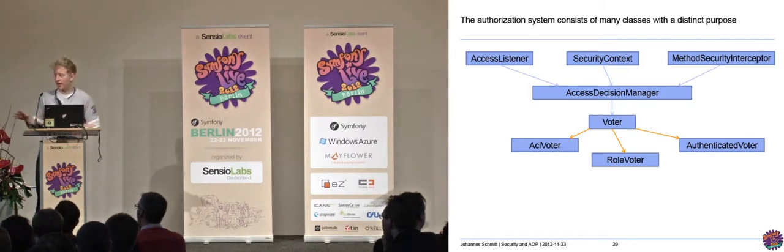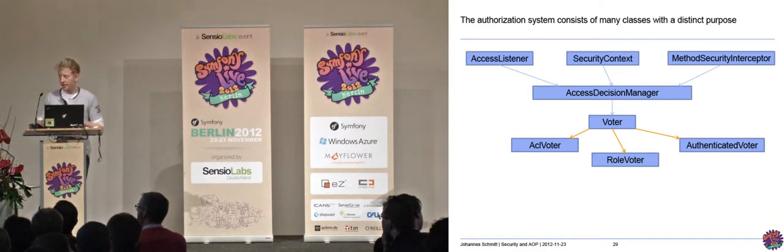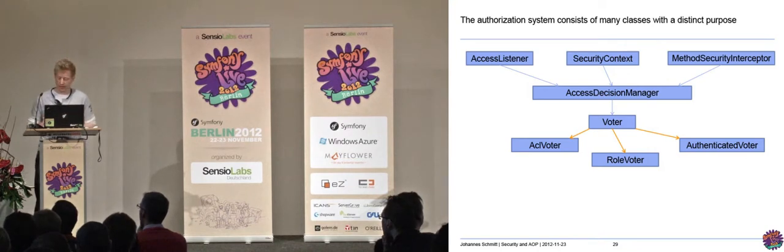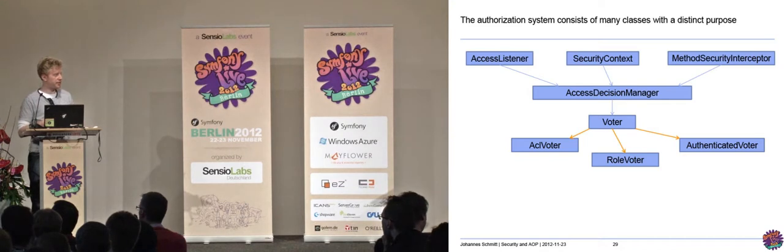The role voter would check everything that starts with ROLE_. And the ACL voter would check things like view, edit, delete, or any other permission that you have set up in your ACL system.